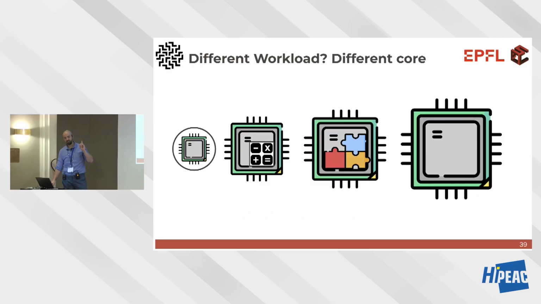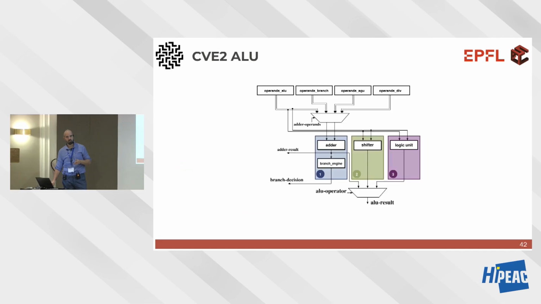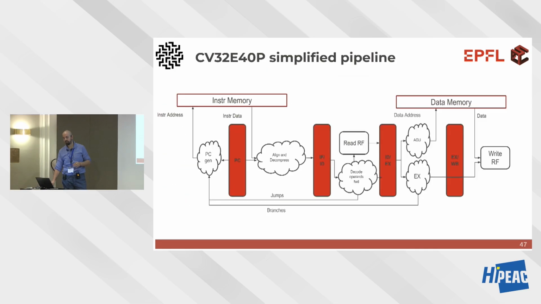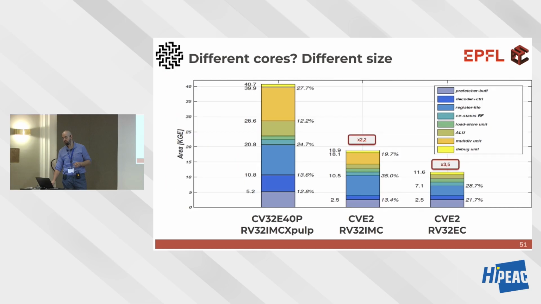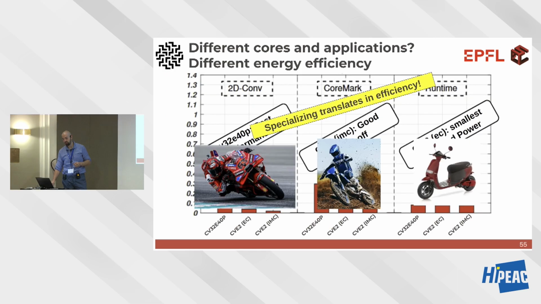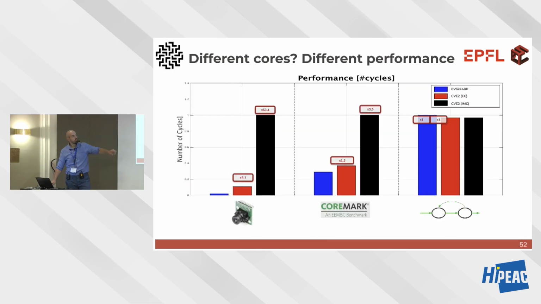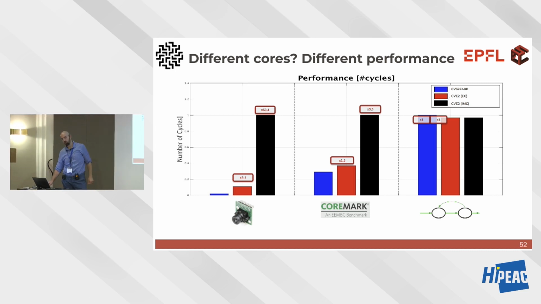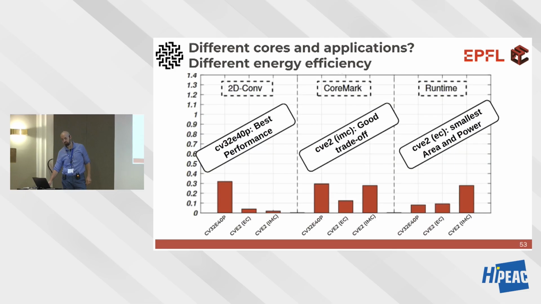So if the deadline allows you to be slower, because maybe you need to be fast because you are doing a real-time whatever. But if your real-time constraint allows you to be slightly slower, for example 6 times slower or 50 times slower, maybe this is not the most energy efficient core.